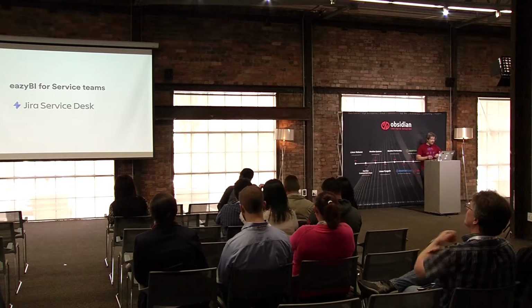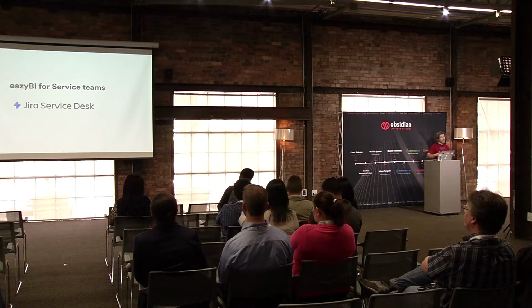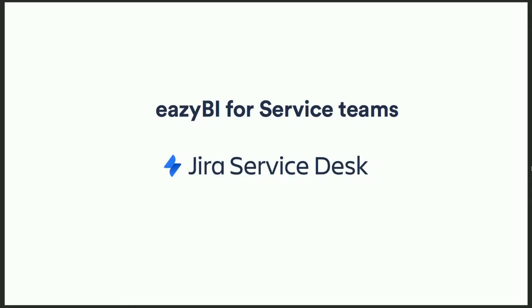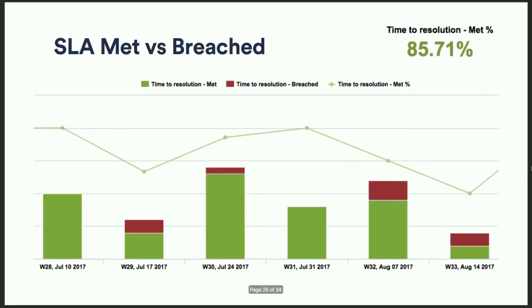So for service desk, for IT service teams, EasyBI can import all the SLA statistics data from Jira Service Desk. And you can analyze any SLA defined in a service desk to see how many issues met the SLA's defined criteria, how many breached that.